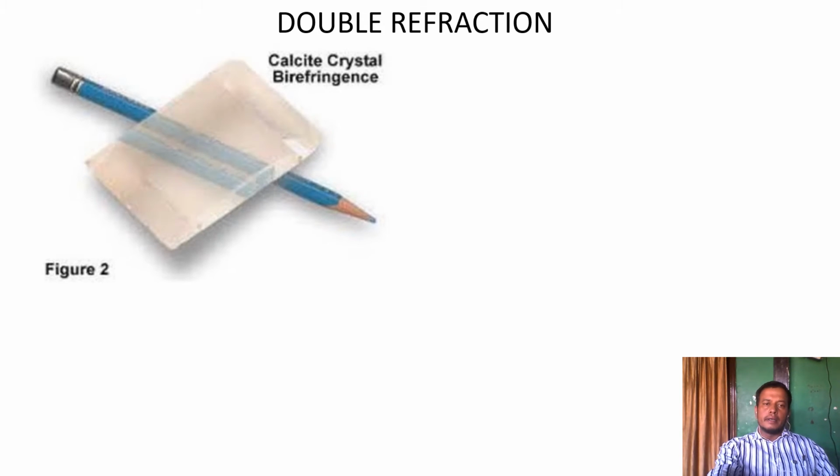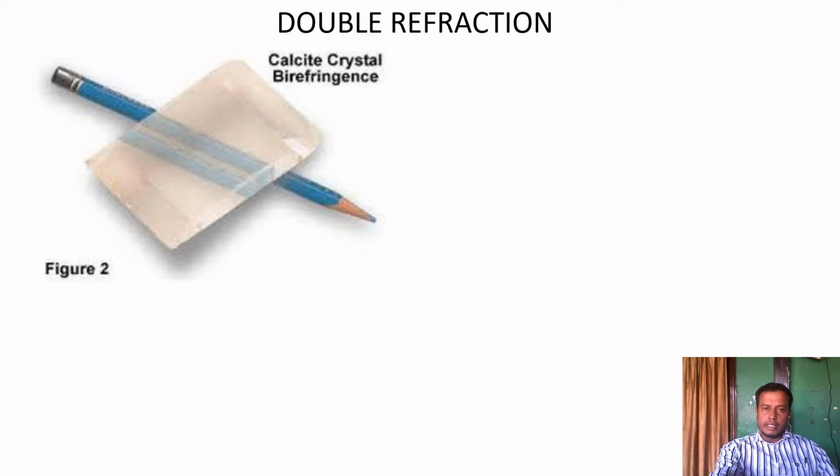When light is passed through some crystals like calcite or quartz, we see that there is not only one refraction, it takes two refractions. Two rays are seen there. That is called double refraction.